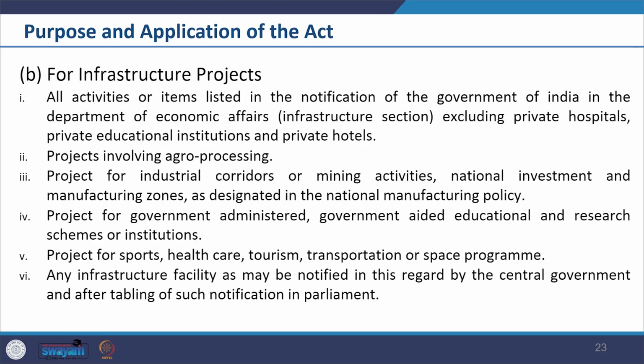This Act applies for the infrastructure projects. So all the activities or items listed in the notification provide those lists, so those will be included here. The projects involving agro processing, then the project for industrial corridor or mining activities, national investment and manufacturing zones, as per the national manufacturing policies.